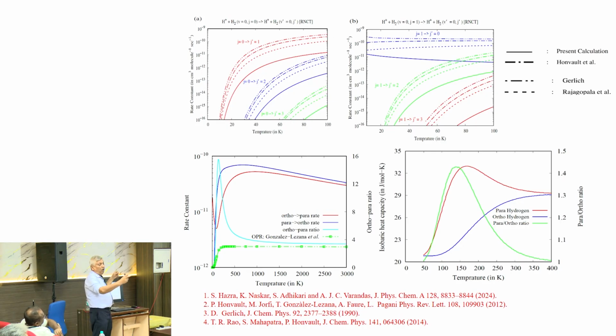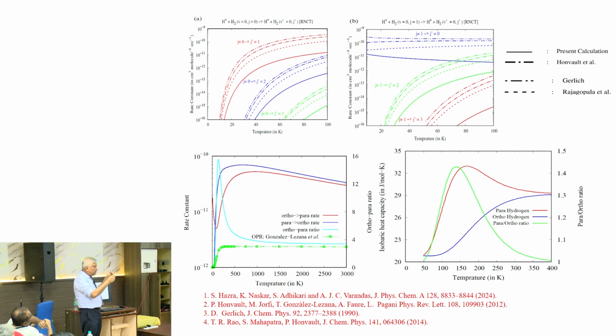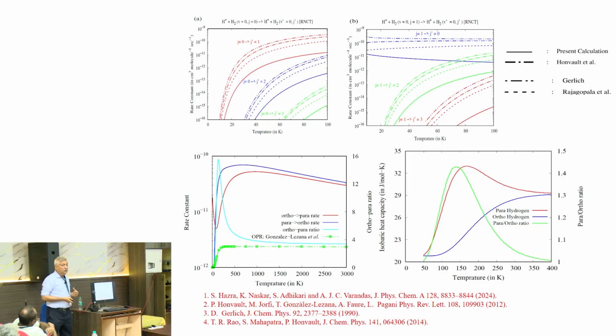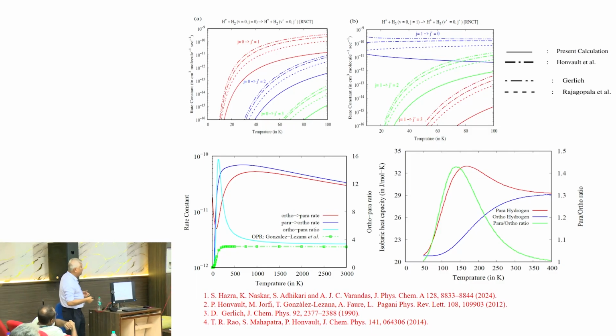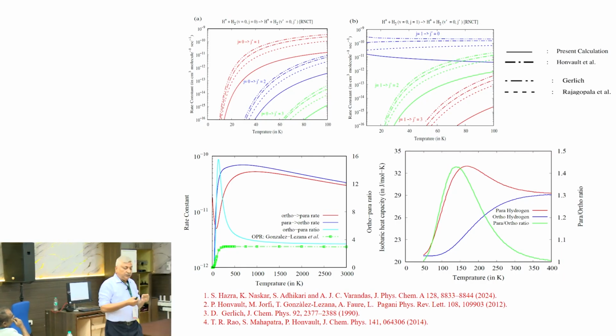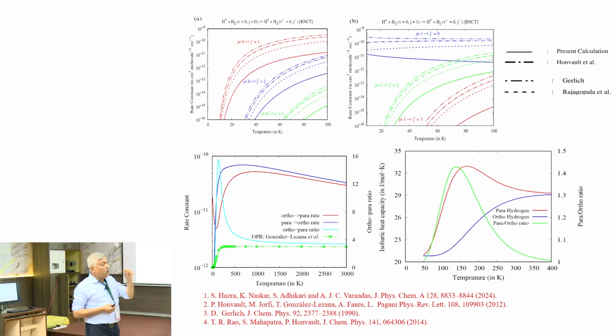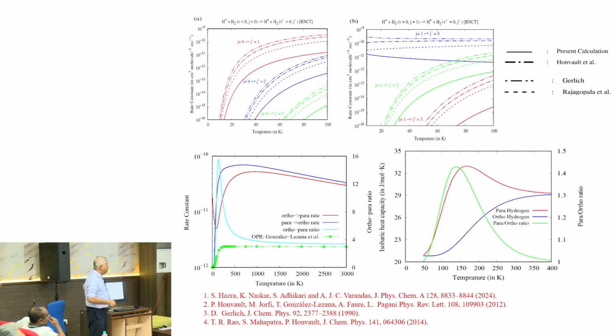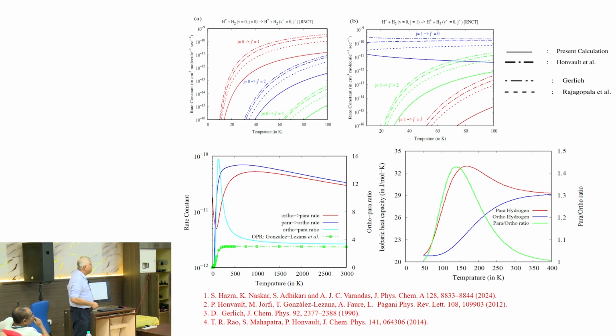Because when you collide H2 with H plus, then alpha or beta can arbitrarily replace, so that gives a 3:1 ratio. But the peak at 140 is because of the uncertainty principle, and because the collisional energy is so little, it allows a J equal to 0 to 1 transition. That is why you get this, and experimentally, for the first time, we have shown that the same peak can be obtained at that point.